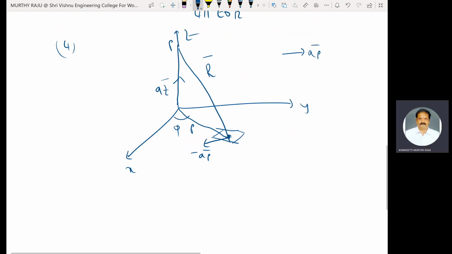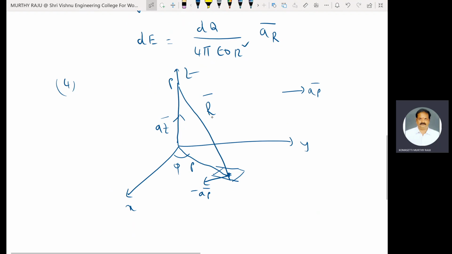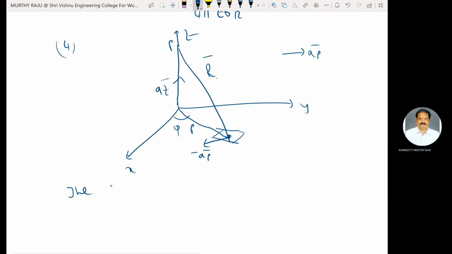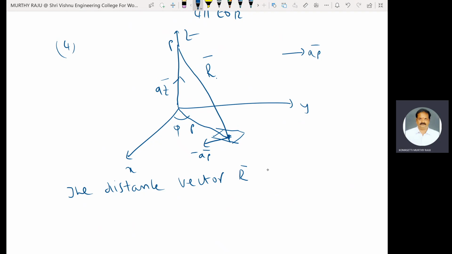The distance vector R has two components.